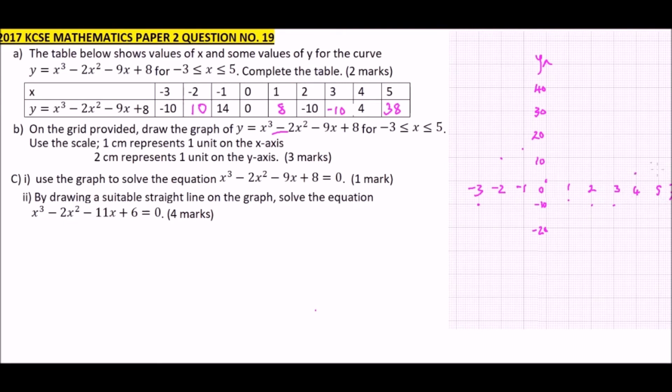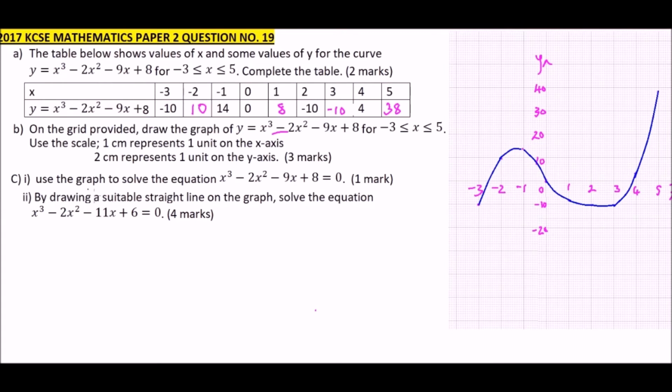And when x is 5, y is 38. So that is where you have a point. With your free hand, do not use a ruler. Join these points to come up with a graph. So roughly this is the kind of graph you end up with. It should be very smooth, so that in answering the other questions, you'll be able to get the correct values.